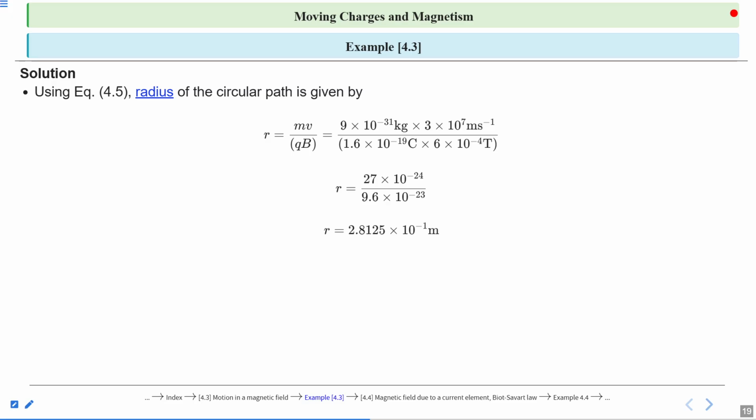So after solving further, R is equal to 2.8125 into 10 to the power minus 1 meter. So R is approximately equal to 28 into 10 to the power minus 2 meter, and 10 to the power minus 2 meter is centimeter. So R is approximately equal to 28 centimeter.